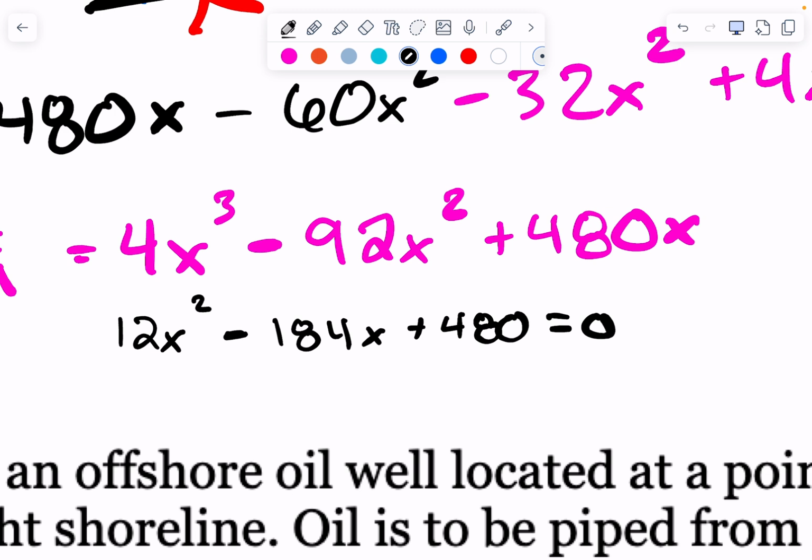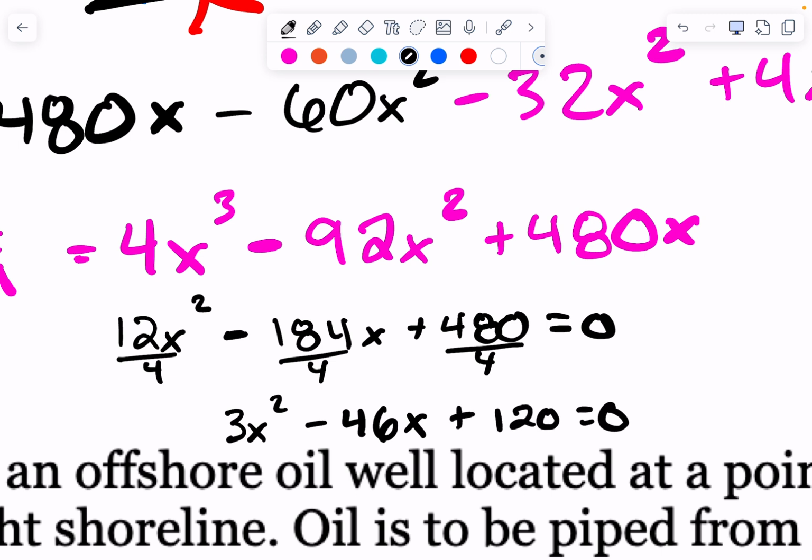Can we divide by 4? Can we divide by 6? No, we can't divide by 6. We can divide by 4, though, I think. So 3x squared minus 46x plus 120 equals 0. Okay, so that's my derivative. I'm going to label him so I can come back to him.